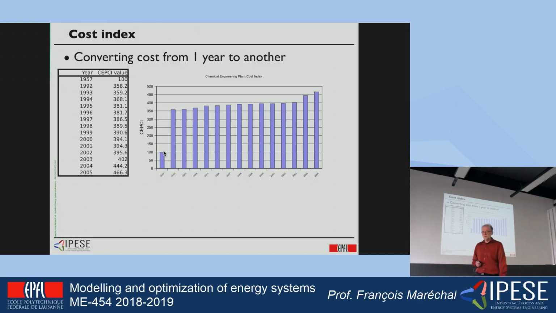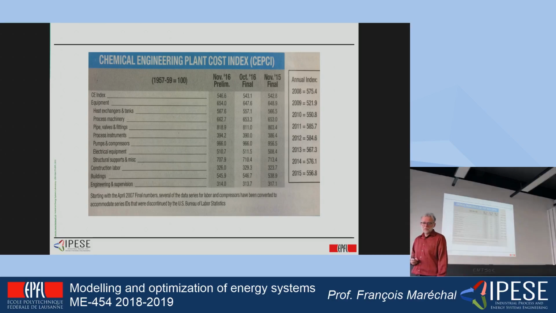And if you go into the Chemical Engineering Journal, for example, you even have an index for the different types of equipment that you have in the system. It might happen that some equipment will have different evolutions than others.